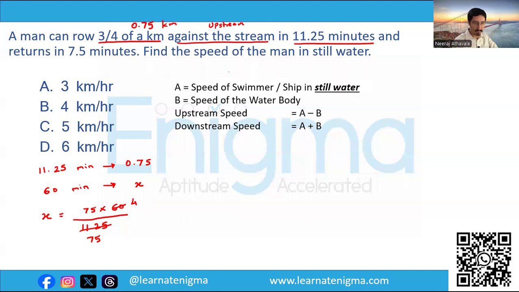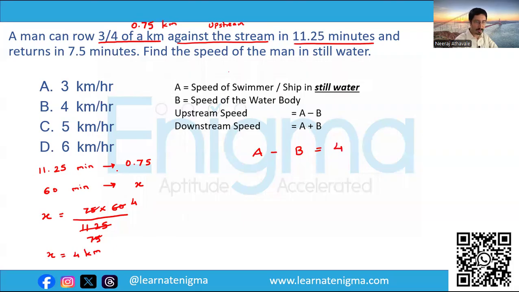So it will become 75 gets cancelled out. You get x is equal to 4 kilometers. So we get A minus B as 4.